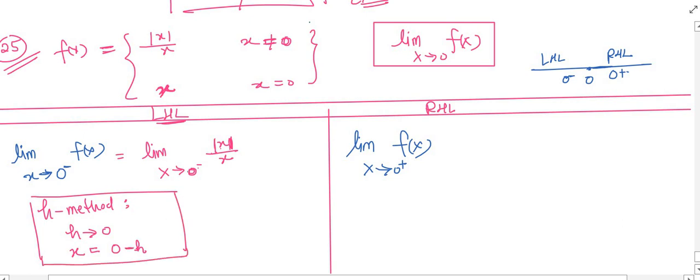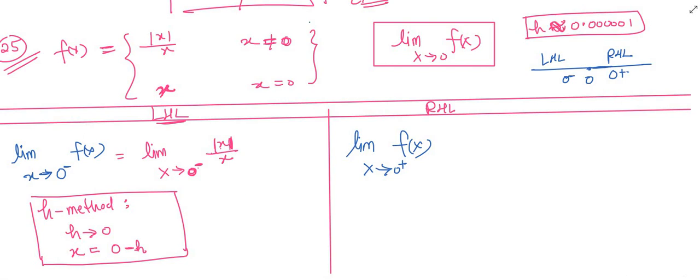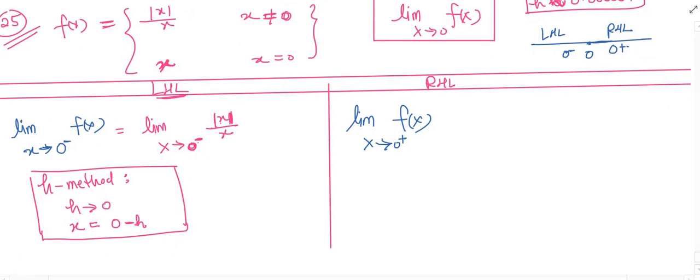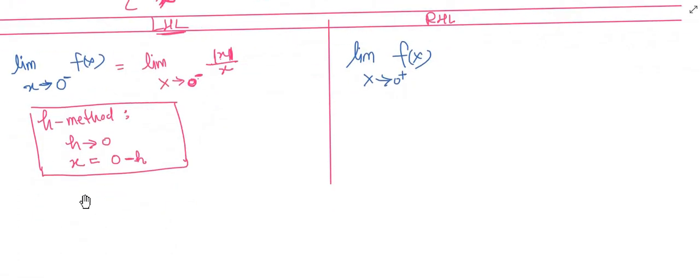Because it is a little bit less than 0. h is some hypothetical number which is a very, very tiny number. It just helps us to calculate the limits. So this is how we will solve it.